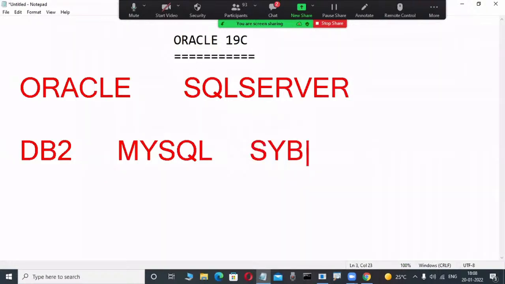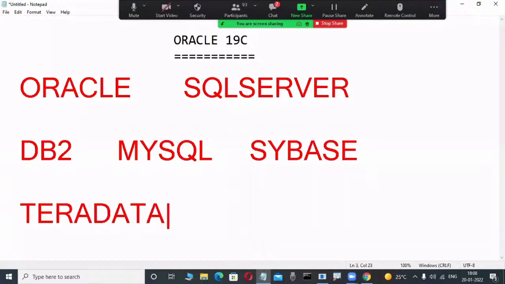Sybase is a database product from Ingres Corporation. Again, Teradata, which many data warehousing application programmers know, is a database product from NCR Corporation. SQLite is a database product. Like this, so many database products are there from different companies.